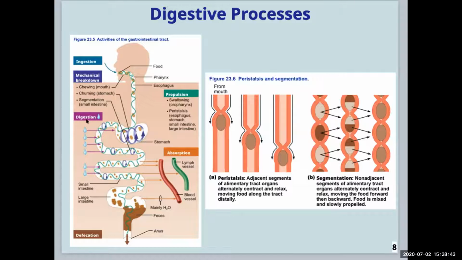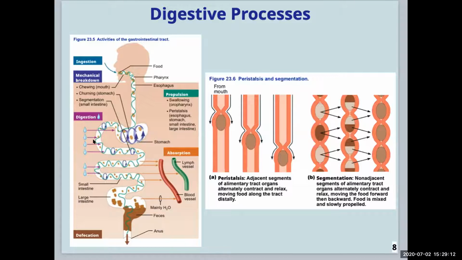But here we're breaking down food stuff, whereas in digestion, we're now breaking down molecules. So it's at a finer level, and we're doing that with the help of digestive enzymes. Later we'll talk about the different accessory organs that secrete digestive enzymes that help this process.